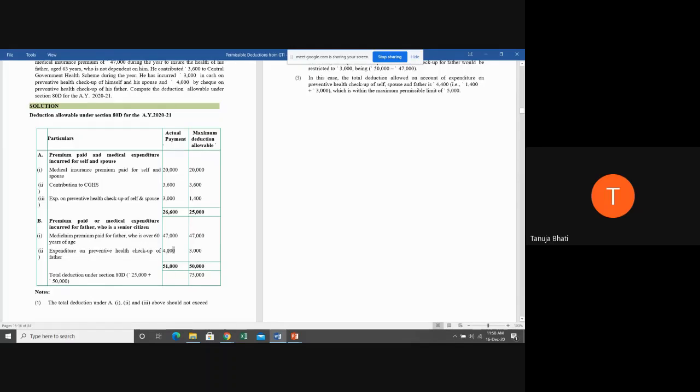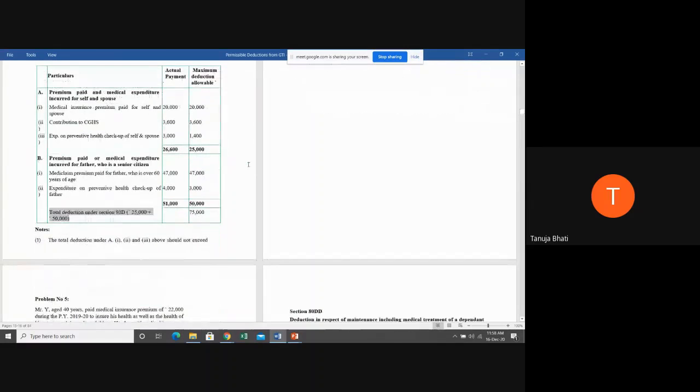Therefore, we have to minus 1,000 from 4,000 in order to make this total 50,000. So the total deduction under Section 80D that Mr. A is going to get is 25,000 plus 50,000. That is a total of 75,000.